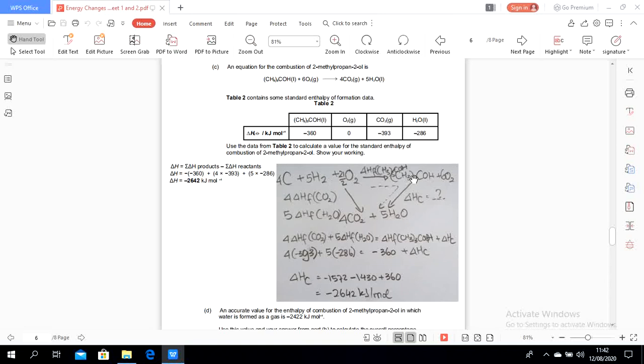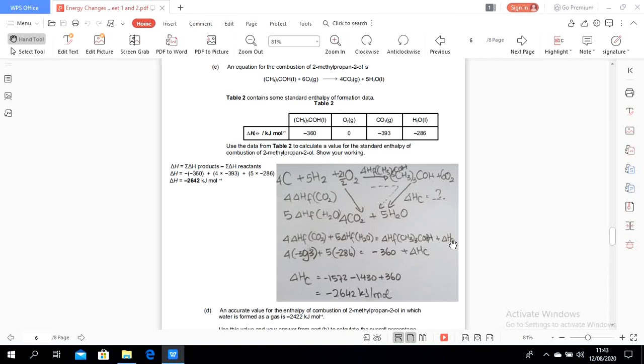After we establish this Hess's Law cycle, this is the crucial part. The crucial part is making the Hess's Law cycle. The calculation itself is not difficult, because we only substitute the values, and solving simple algebra is not a problem for a grade 11 student.